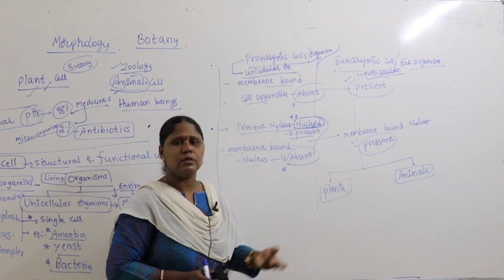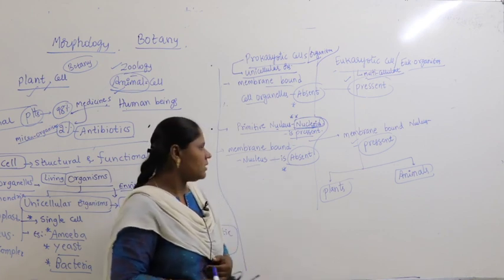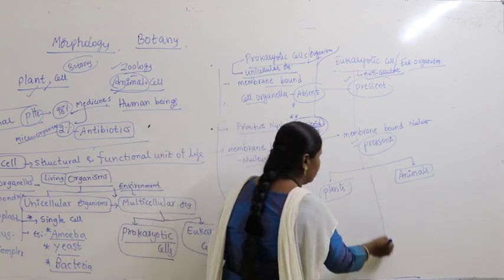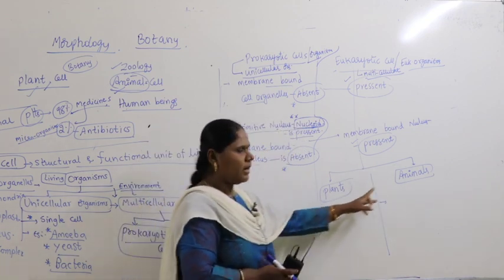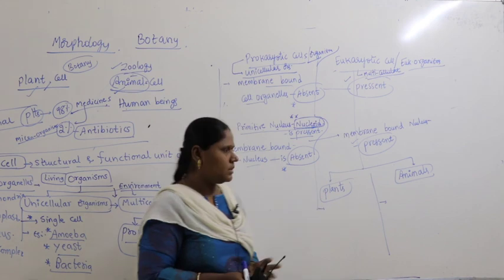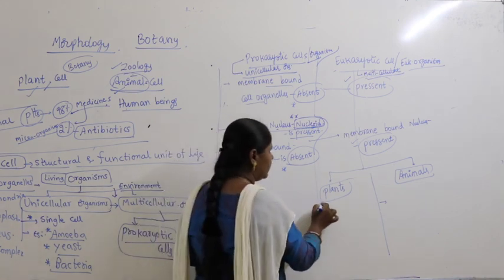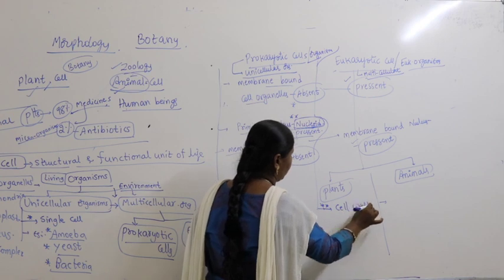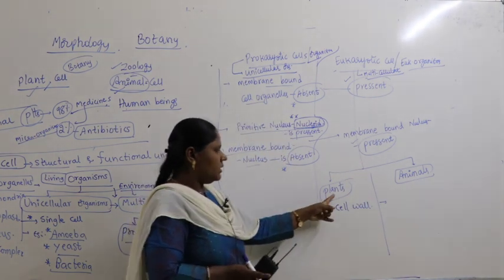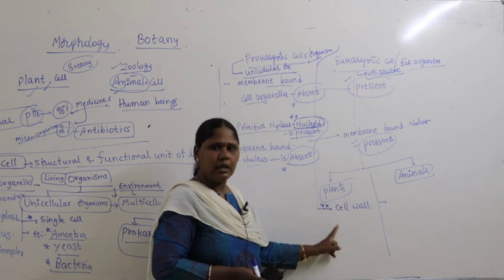Now it's very easy for you to differentiate plants from animals. This is where you need to talk about the structure of the plant cell and animal cell. If you observe the plant cell, you know that plant cells are characteristically containing a cell wall.